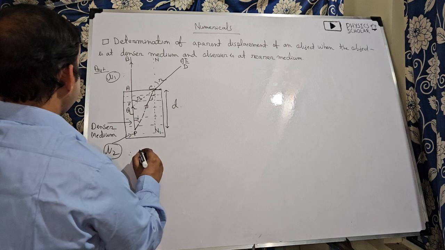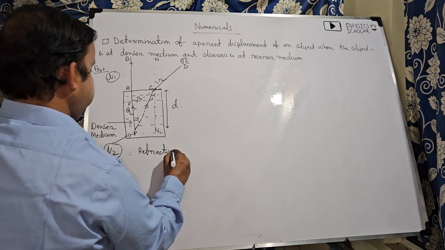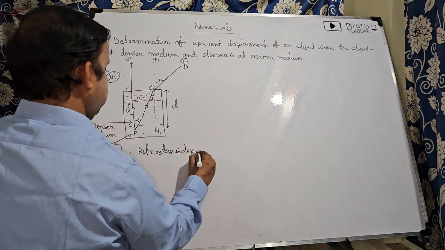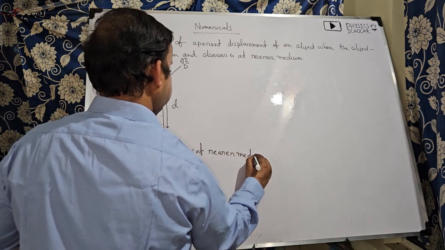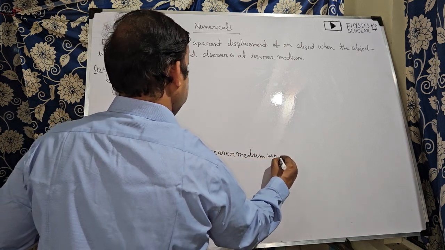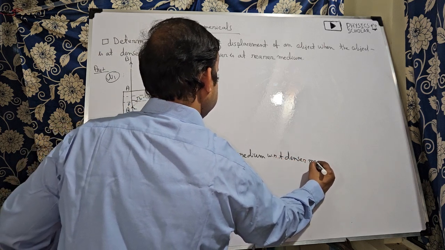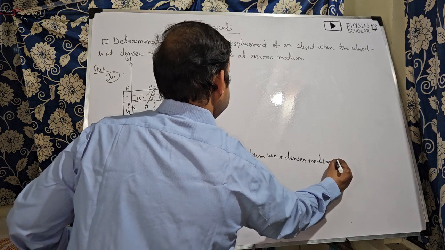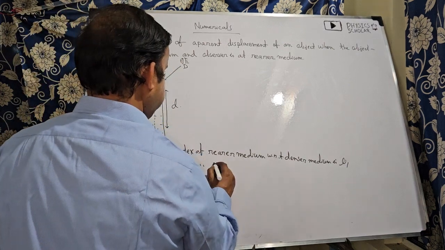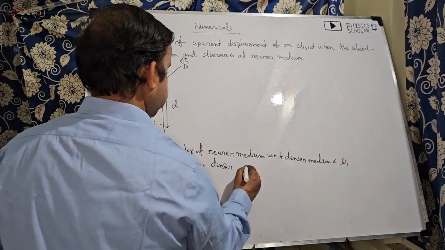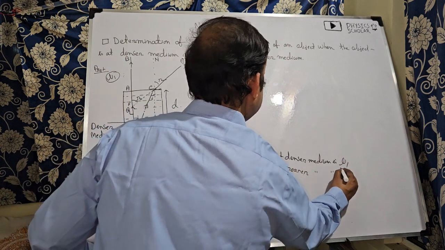The refractive index of the rarer medium is mu1, and the refractive index of the denser medium is mu2.